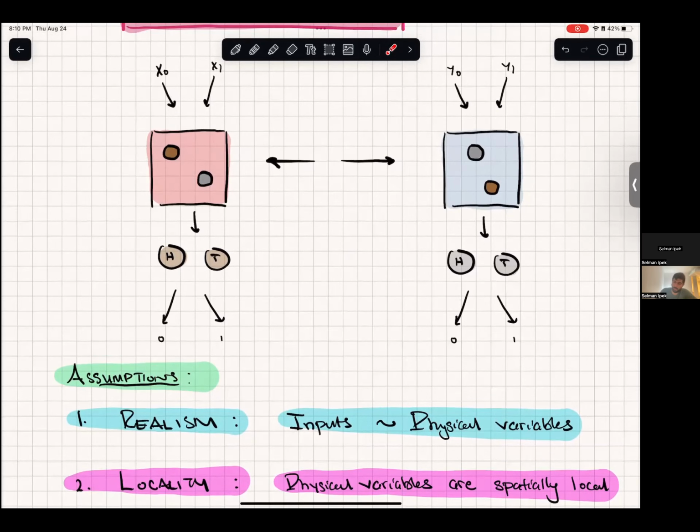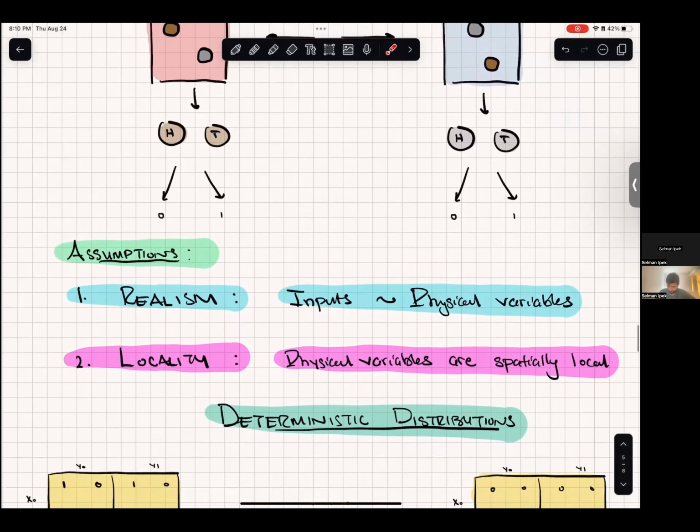That is, we want to think of these coins as not affecting each other. Or rather, maybe the better way to put it is that unveiling the value of this is not going to change the value of something over here. Those are the two assumptions that we want to make.